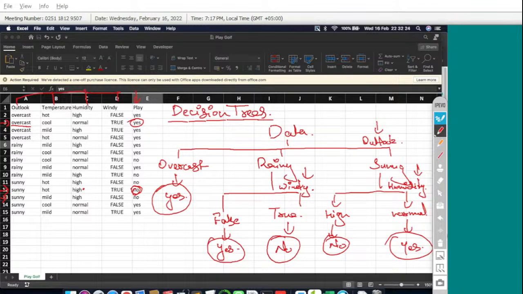That is the concept of degree of randomness. Degree of randomness means how calculated our decision is. If it is more calculated, the degree of randomness will be less. If there are more chances of making an incorrect decision, then the degree of randomness is high.